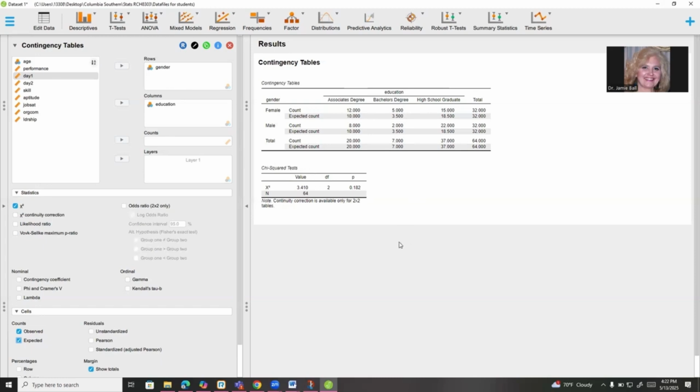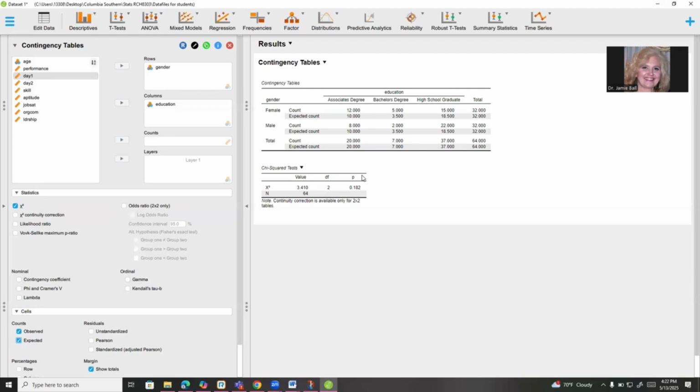All right, remember what I told you. The alpha is set at 0.05, okay, from my hypothesis testing. So anything greater than 0.05 for the p-value is not significant, and if it's less than 0.05, it is significant.